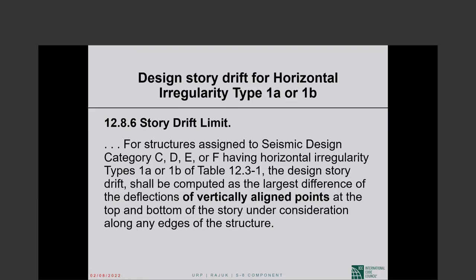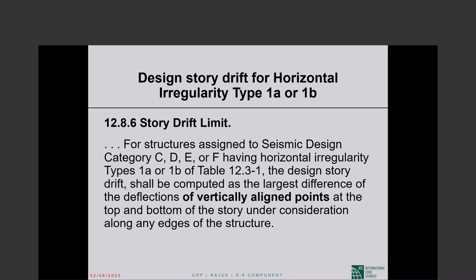Because the torsional deflections will be added to the translation caused by the earthquake, and the largest deflections are going to be along the periphery of the structure, along the edges.